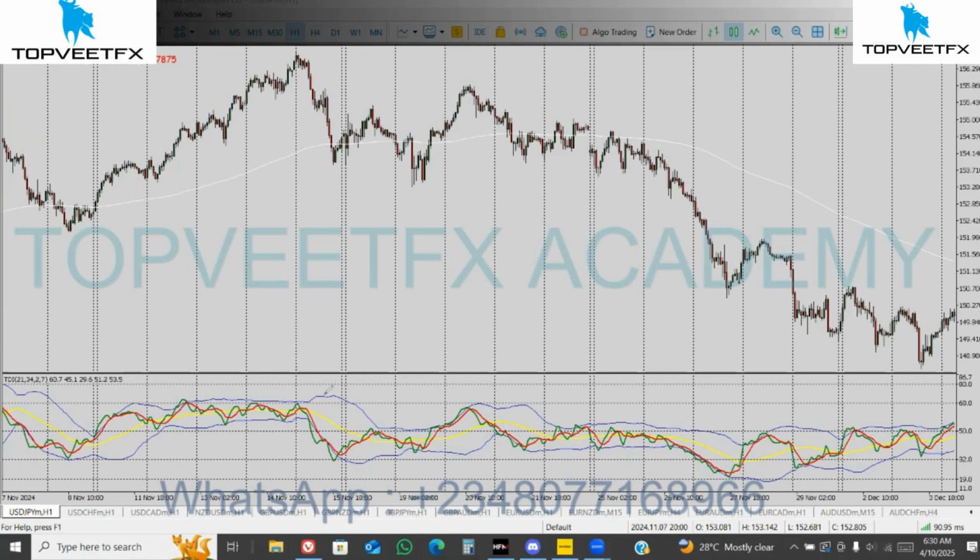Now I will be labeling it. This is what we call the upper volatility band. The one below is what we refer to as the lower volatility band. And the green line is the moving average.